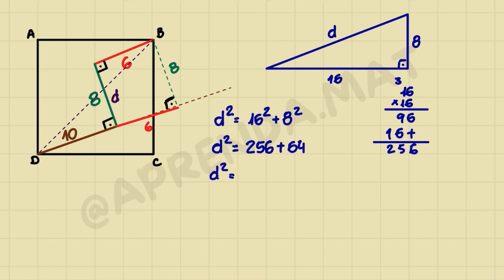Guys, what's 8 squared? 64. So the value of D squared will be 256 plus 64, which is 320.